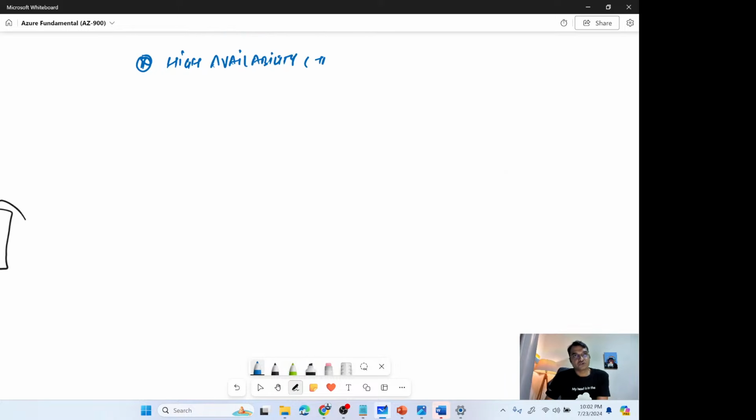How does Azure work? Azure is basically a global cloud service provider from Microsoft, right? How it works is that, at the end of the day, at the bottom, for example, if I'm based out of Singapore and Azure is providing services in Singapore, they have their physical data centers here in Singapore.